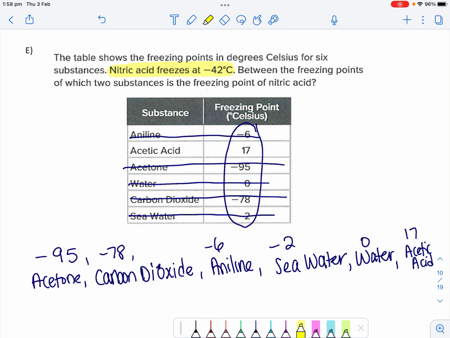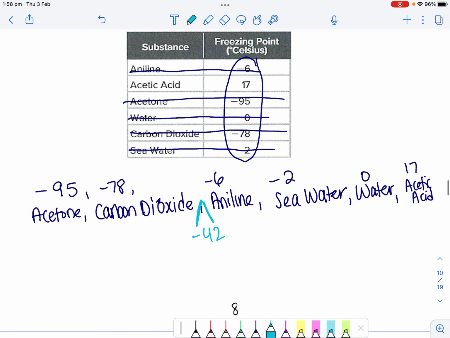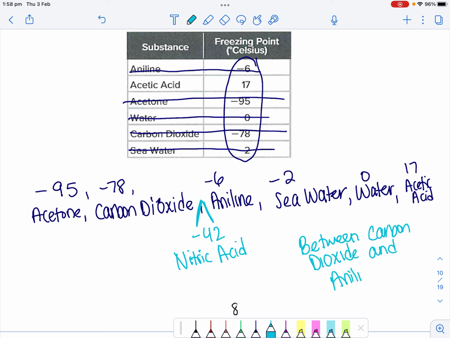So nitric acid freezes at negative 42 degrees. Well, negative 42 is going to be in here. So this is nitric acid. And I'm going to say between carbon dioxide and aniline. So here I put the values in order and then figured out where that number fit into the order that I already had.